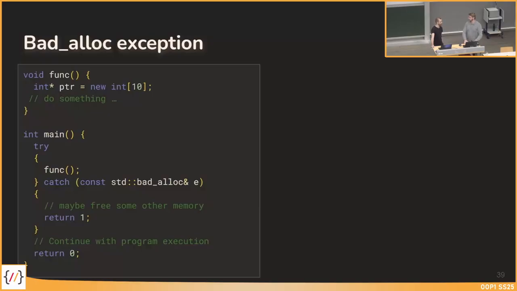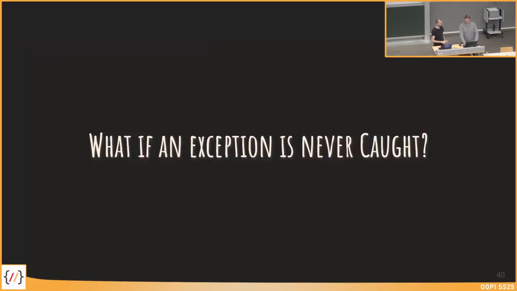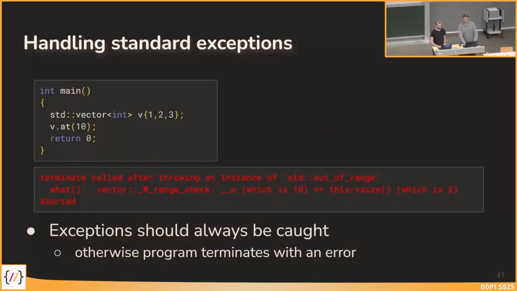But until now, we always caught our throw. So there was always a catch block that took our throw and then worked with it. What happens if there is no such section? So let's say we have this vector, and we now want to access the 10th element.